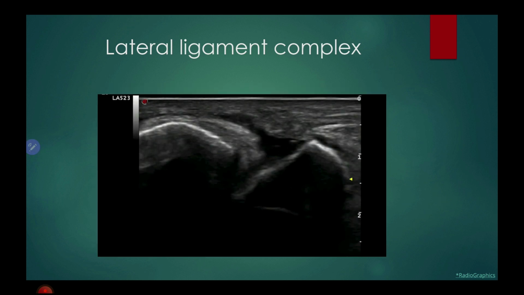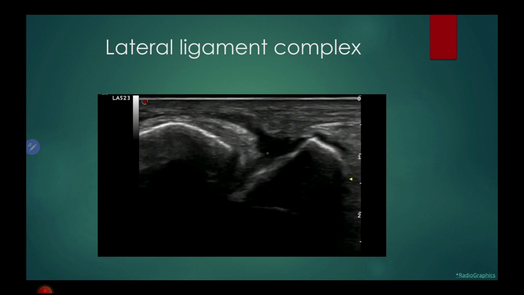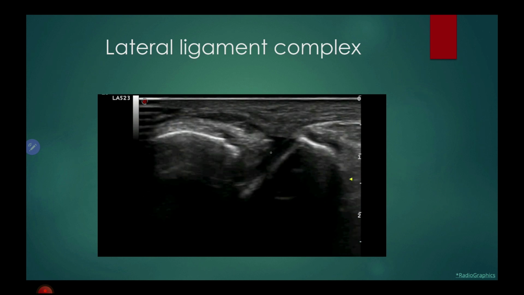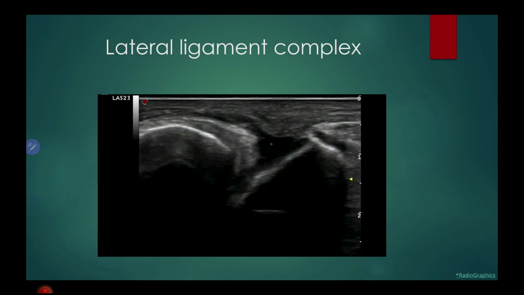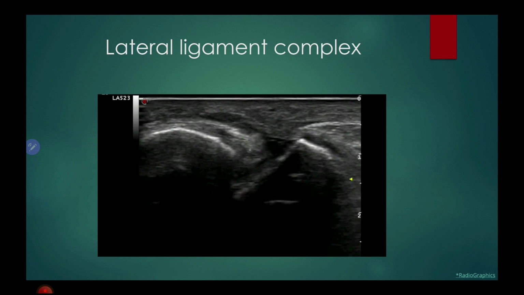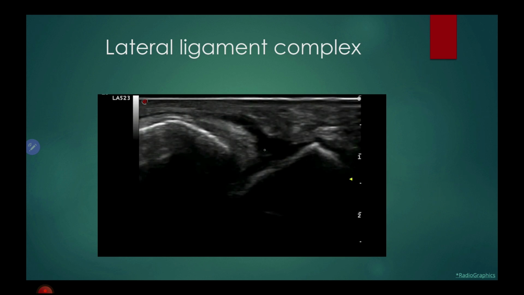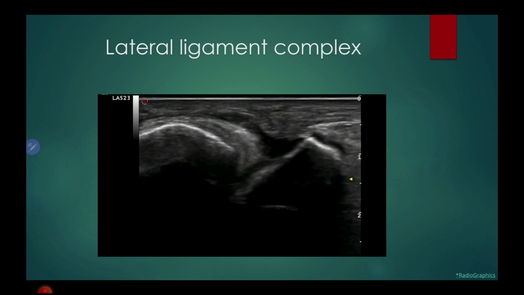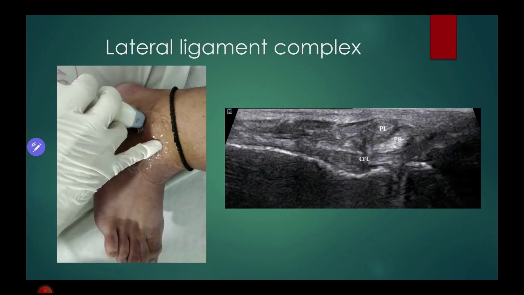This is a patient with a complete ATFL tear, and here we can see joint fluid going into the torn margins, and the ligament is completely torn, and with the patient's movement this space is getting widened. The second important ligament is the calcaneofibular ligament. This is the position where we take the calcaneofibular ligament.